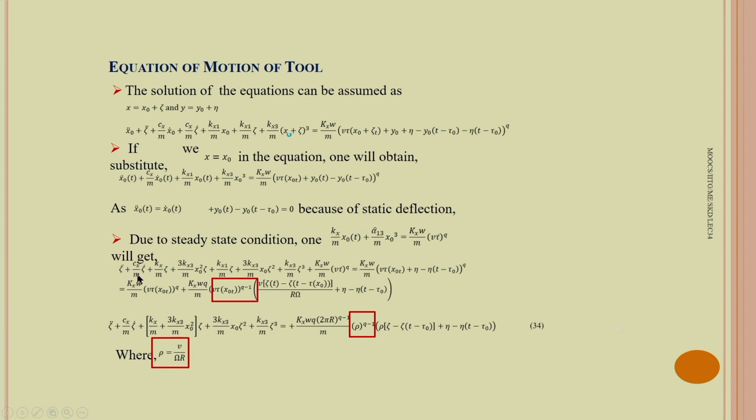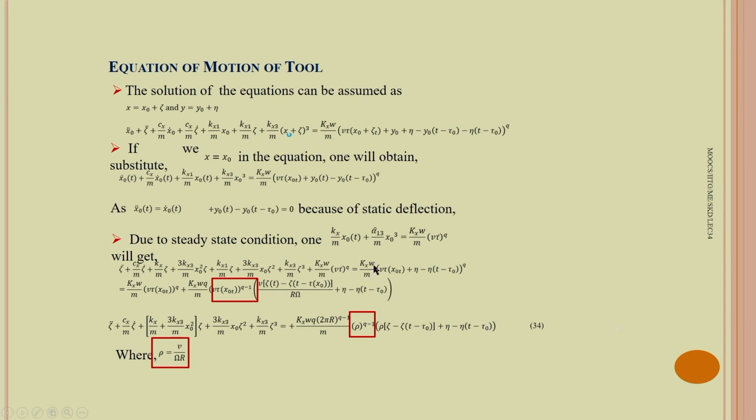So, this is the additional term you are getting: zeta double dot plus c by m zeta dot plus k by m zeta, plus 3 k x3 by m x0 square zeta plus k1 by m zeta plus 3 k x3 by m into x0 into zeta square, plus k x3 by m zeta cube, plus k x w by m v tau to the power q.